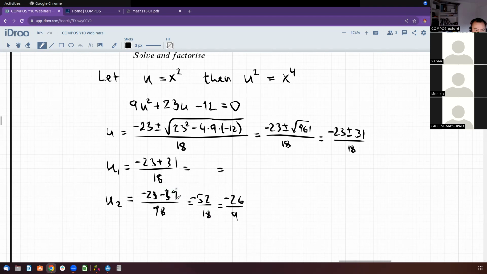So 31. So that makes it minus 23 plus 31, that's 8. 8 over 18, so that's 4 over 9. Oh, okay, 4 over 9. It makes perfect sense. And then minus 23 minus 31, that's minus 54.